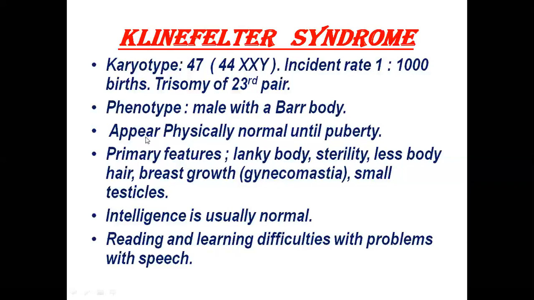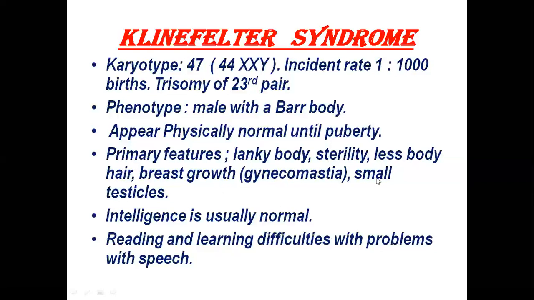They appear physically normal until they attain puberty, and the primary features include a lanky body, sterility, they are not fertile, and less body hair. There is breast growth, probably because of the two X chromosomes that are present, and this feature is called gynecomastia.